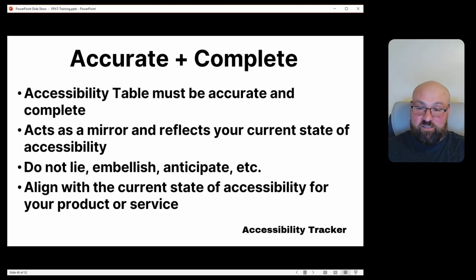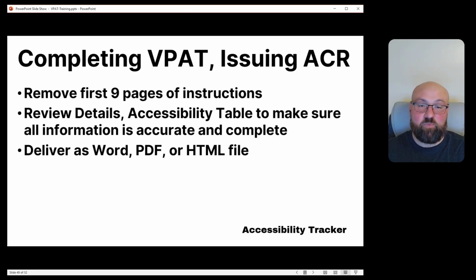And if you are anticipating a change, then wait until that change comes and then have the ACR issued. But otherwise, you're going to make sure that whatever the state of the accessibility of your product and service, that reflects in the ACR. So that's what I have in this last bullet point. Align with the current state of accessibility for your product or service.